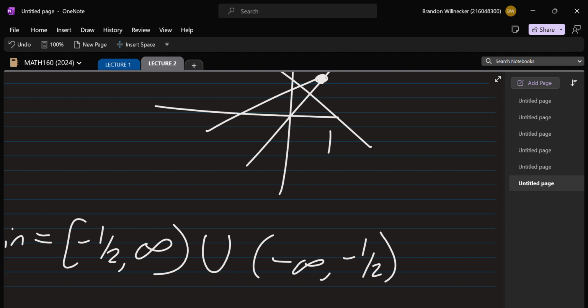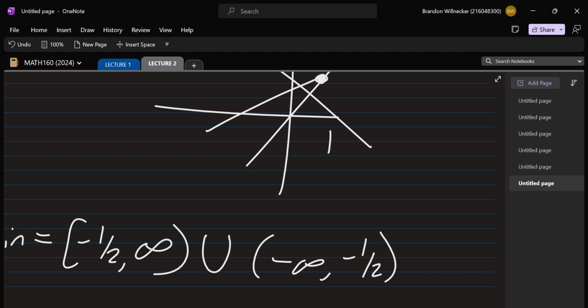But notice something with this. For the second interval, we have minus infinity to minus a half, not including. So that's like all the negative numbers up to minus a half. For this first bit, it's minus a half including, and then all the way up to the positive numbers. So we have everything up to minus a half because we're including it here, and everything after.